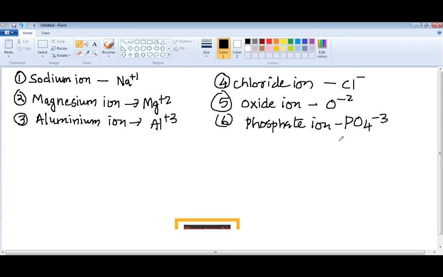So now using these ions, we want to write the names. Let us say we want to make the compound between sodium and chlorine. So first we should write it in this manner. First we will write the name and symbol for the sodium. So we should write sodium ion.